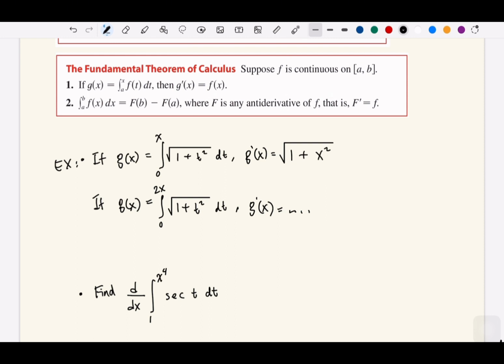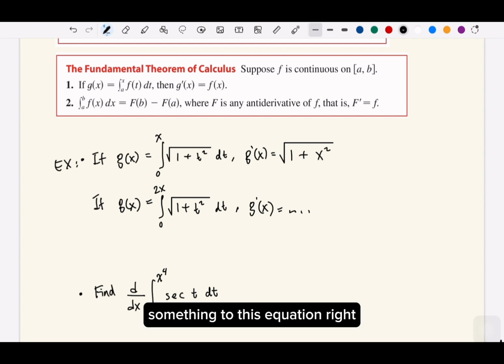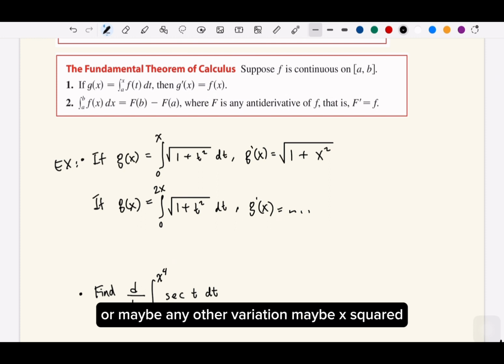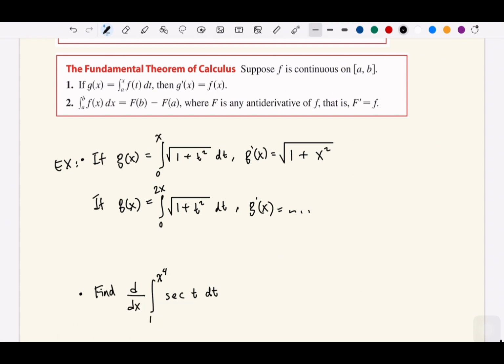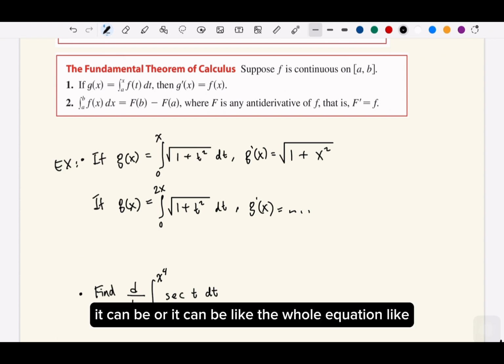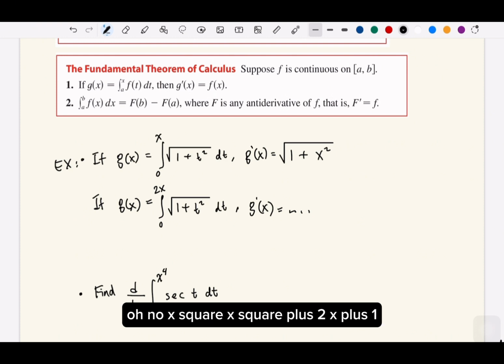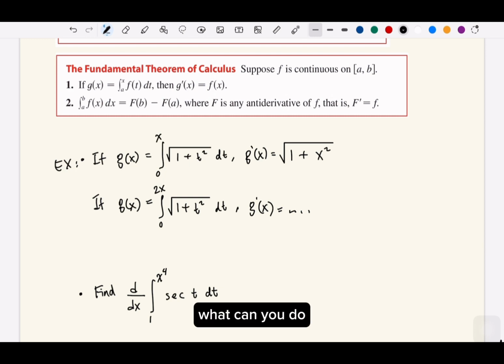So the idea is to substitute into this equation, right? But how about if we change the x into 2x? Or maybe any other variation, maybe x squared, maybe x cubed, maybe square root of x, maybe ln x. It can be the whole equation like the polynomial x squared plus 3x plus 1 here. What can we do? Any idea?